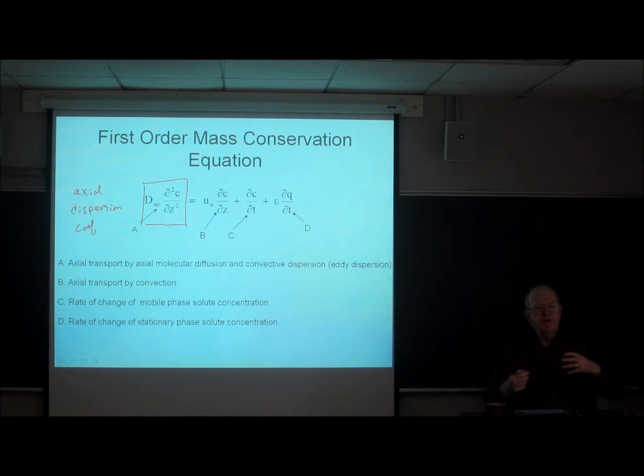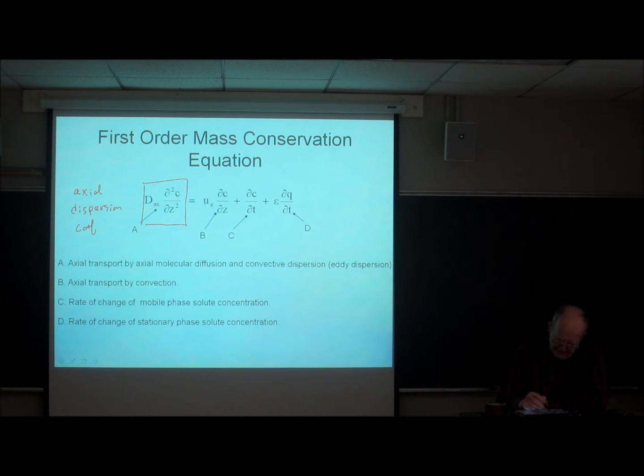So it's a diffusion looking term because it depends on the partial squared C partial Z squared. So it acts like diffusion, but the D_Ax is not just a diffusion coefficient, it's a flow dependent coefficient.